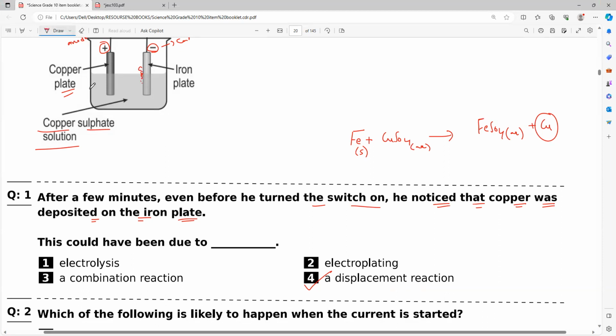I hope you all understand, everybody. So here the copper will be deposited on the surface of iron. Here, there is no need for the current connection; the reaction will still take place because it is a displacement reaction. Because iron is more reactive or less reactive, everybody?